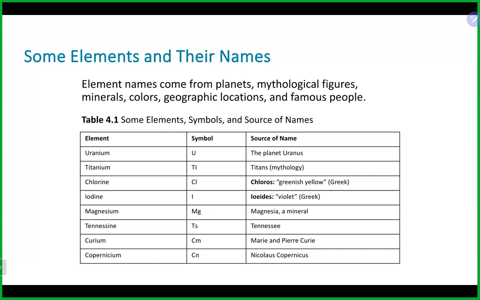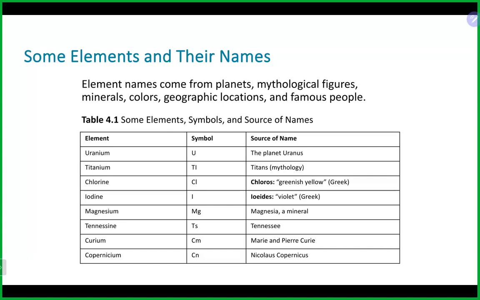So again, the more familiarity you have with it, the more it will help you when we get into later chapters when we talk about naming. Now, in terms of symbols, they come from a variety of sources. They come from historical names, from Greek names, and from where things were invented or discovered.